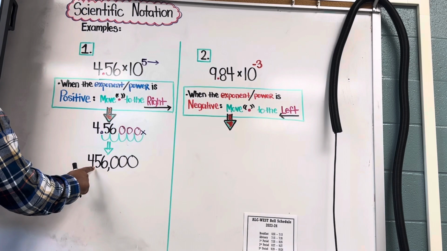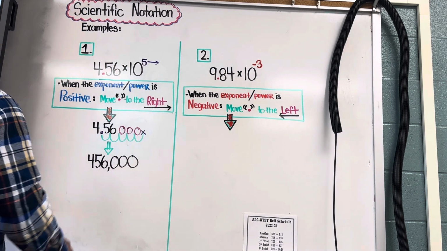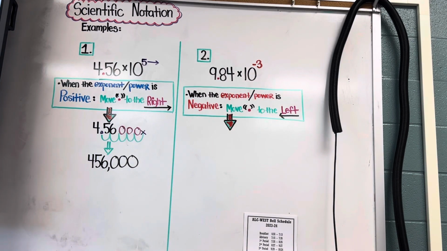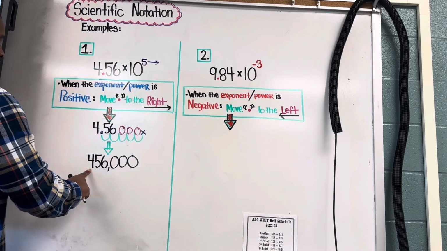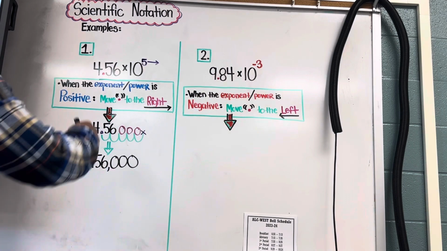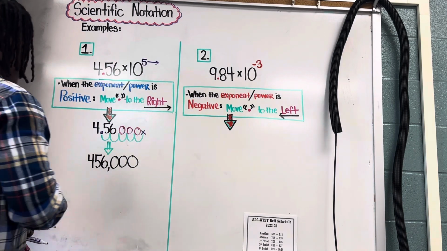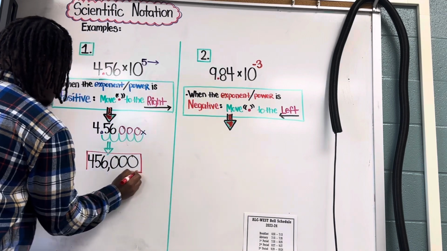Because once again, the decimal is right here. I moved it 5 times to the right, meaning that I had to attach 3 more zeros to the number, okay? So 4.56 times 10 to the 5th power is actually 456,000. That's the actual number that this represents, okay? All right, so that's the answer to this one.